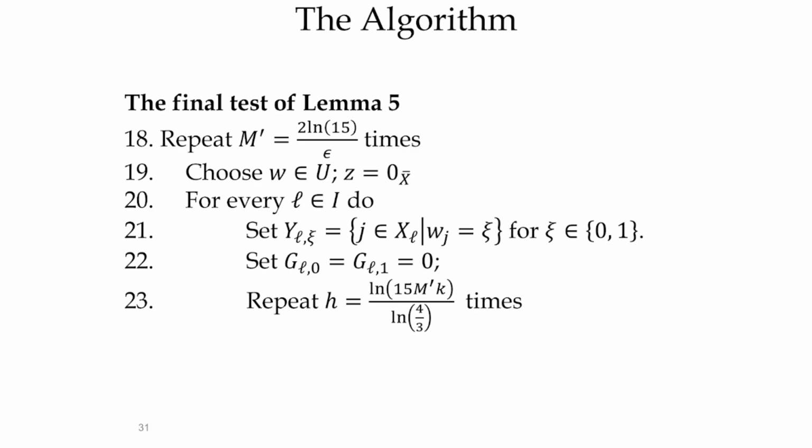But after building it uniformly, switch the relevant sections with 0. In line 20, we go over every relevant set, and for every relevant set, we define two sets in line 21. Set y L0 and set y L1.